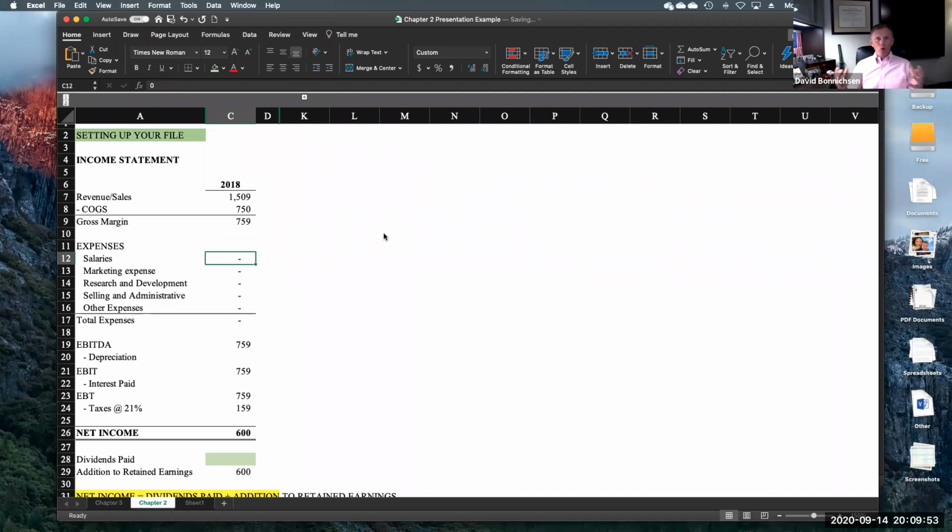Next, expenses, the supporting costs that go along with operating a company. In this example, they don't have any, it's all rolled into cost of goods sold. So we're going to leave it zeros for now, but just know that if you see things like salaries, marketing expense, research and development, those are all costs associated with supporting the sale and production of a product.